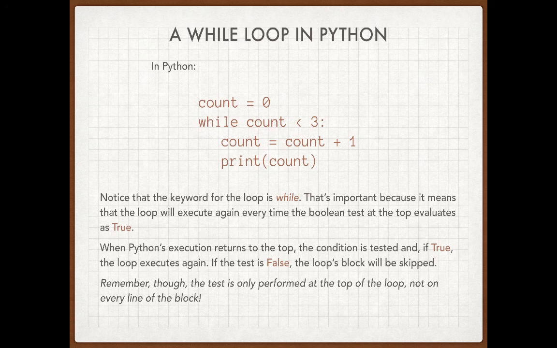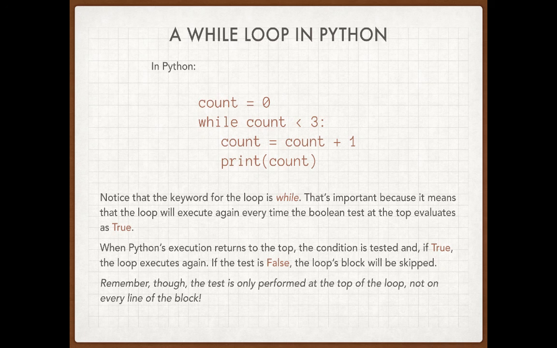Now, one of the things that's really crucial here, I want to be really, really explicit and point this out, is that even though we use the term while, Python only does that Boolean test when Python is executing while count is less than 3. So at some point, count is going to equal 3, maybe even greater than 3, but Python only checks when it executes the statement while count is less than 3.